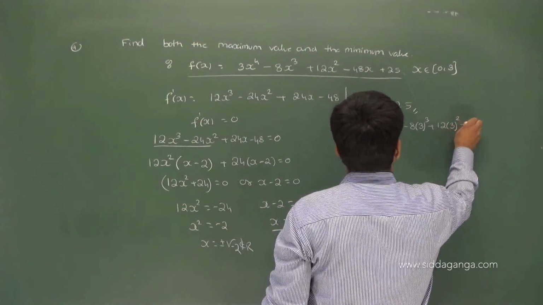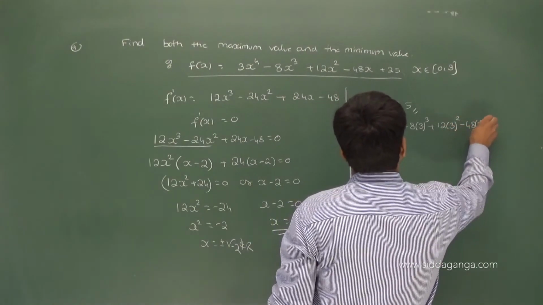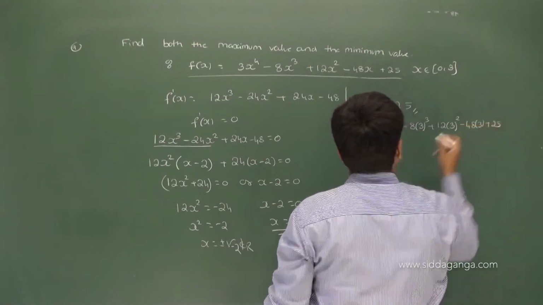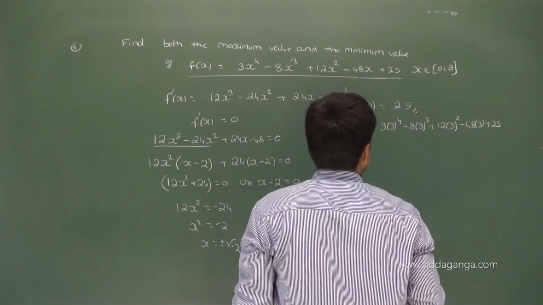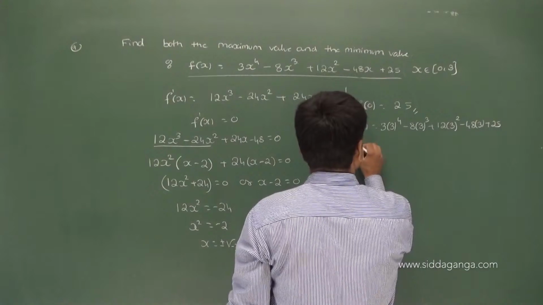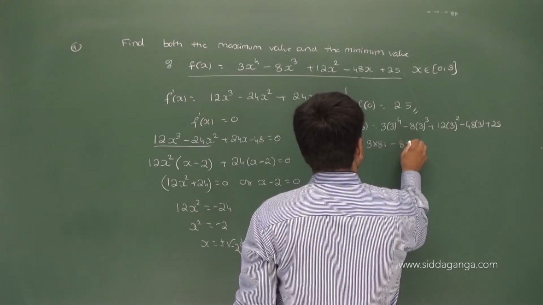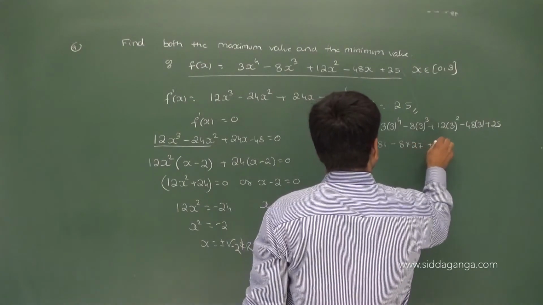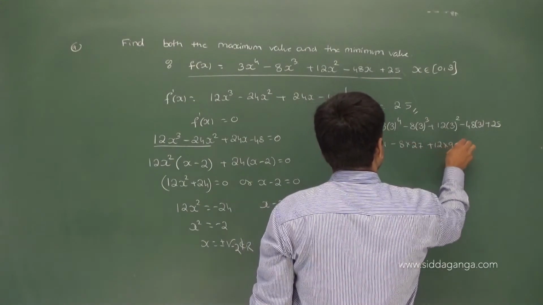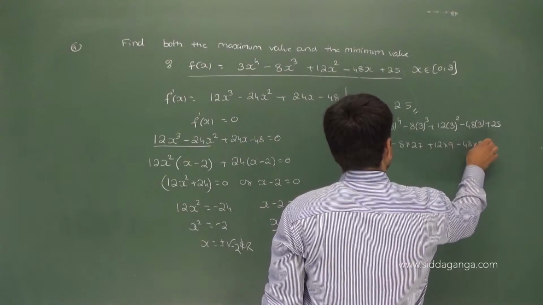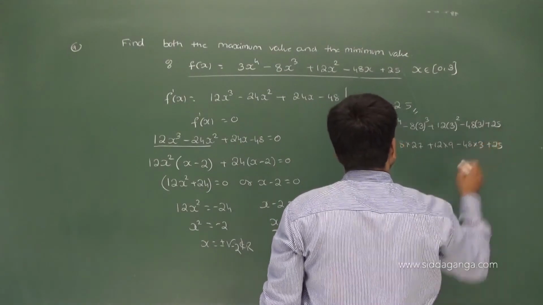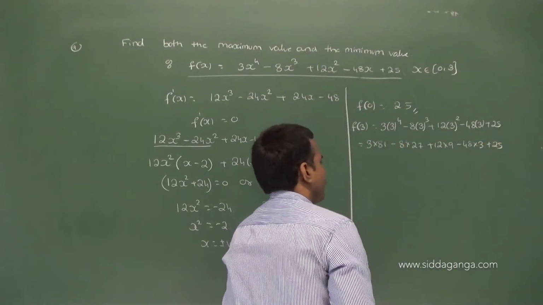This value is very important, you also find the value. 3 into 81 minus 8 into 27 plus 12 into 9 minus 48 into 3 plus 25.